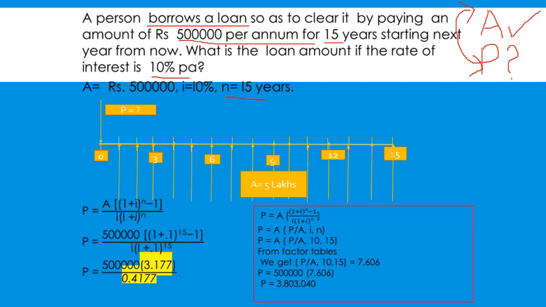When the annual interest rate is 10%, and if you make a payment of 5 lakhs per annum for 15 years, then the loan amount is 38 lakhs 3,040 rupees. In other words, if you borrow a loan of 38 lakh 3,040 rupees, that loan can be cleared in this way by paying rupees 5 lakhs per annum for 15 years at an interest rate of 10%.